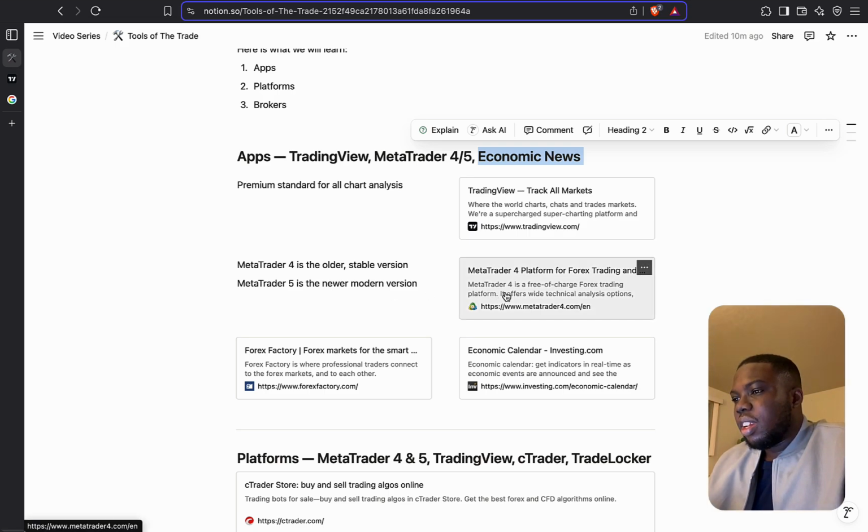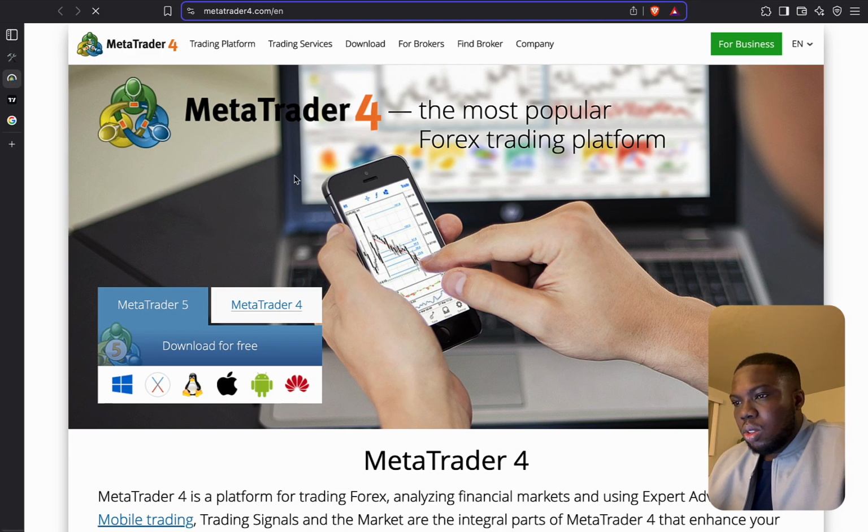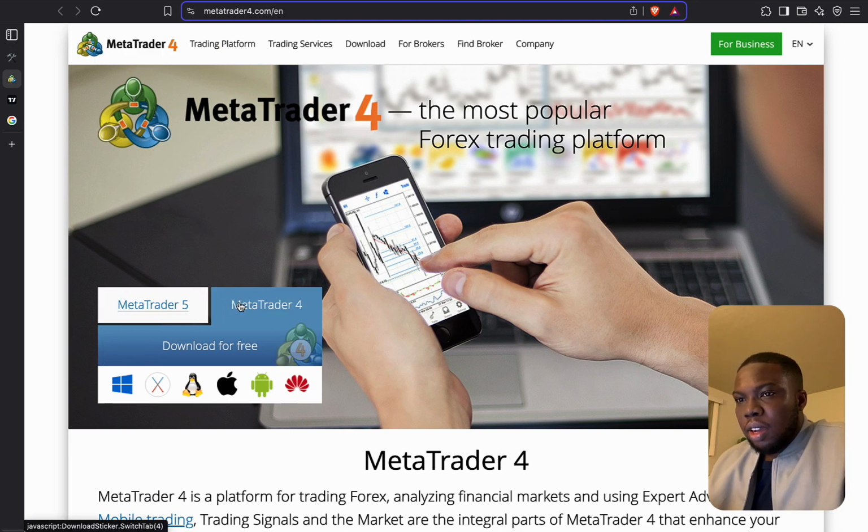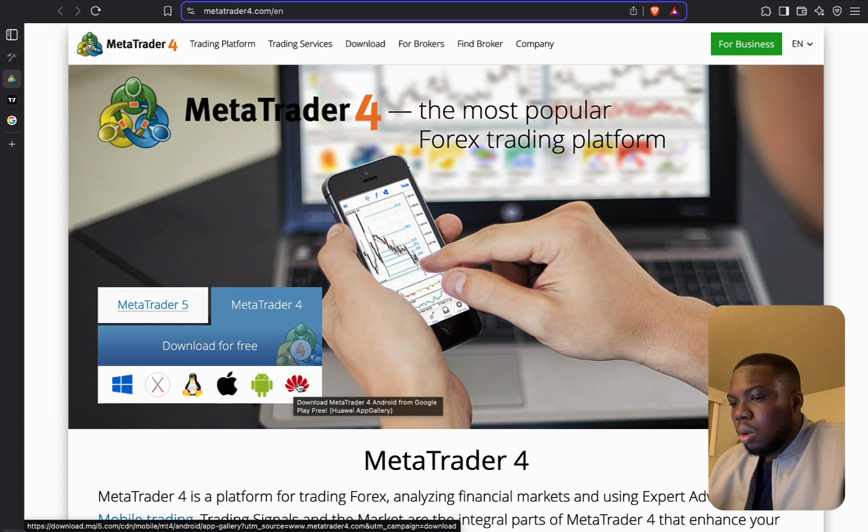Now MetaTrader is a place where you can actually take trades. It's like the de facto standard for taking trades. They have versions that you can download for Windows, for Mac OS, for I believe Linux, iPhone or iPad, Android, or the Huawei App Gallery.